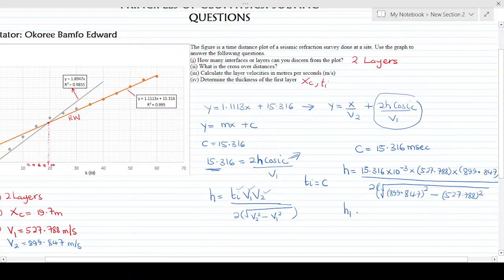You just put it in your calculator and we see what we get.